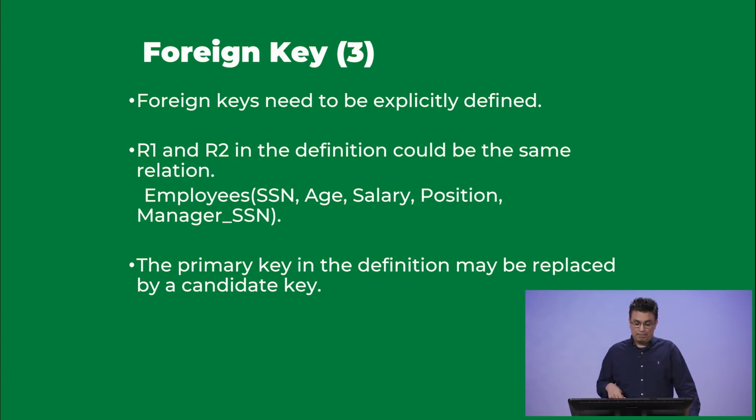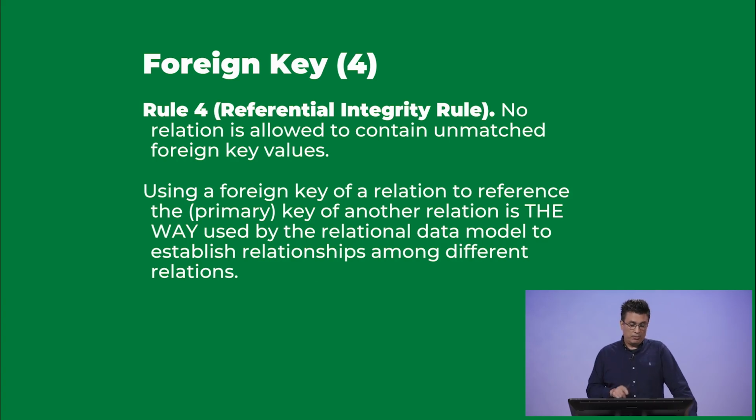Now, we said something about foreign keys previously, that they will be attributes within a table that are primary keys in a different table. And what the last rule says is that for foreign keys, it's going to be okay to use null values, like when we don't have the information.